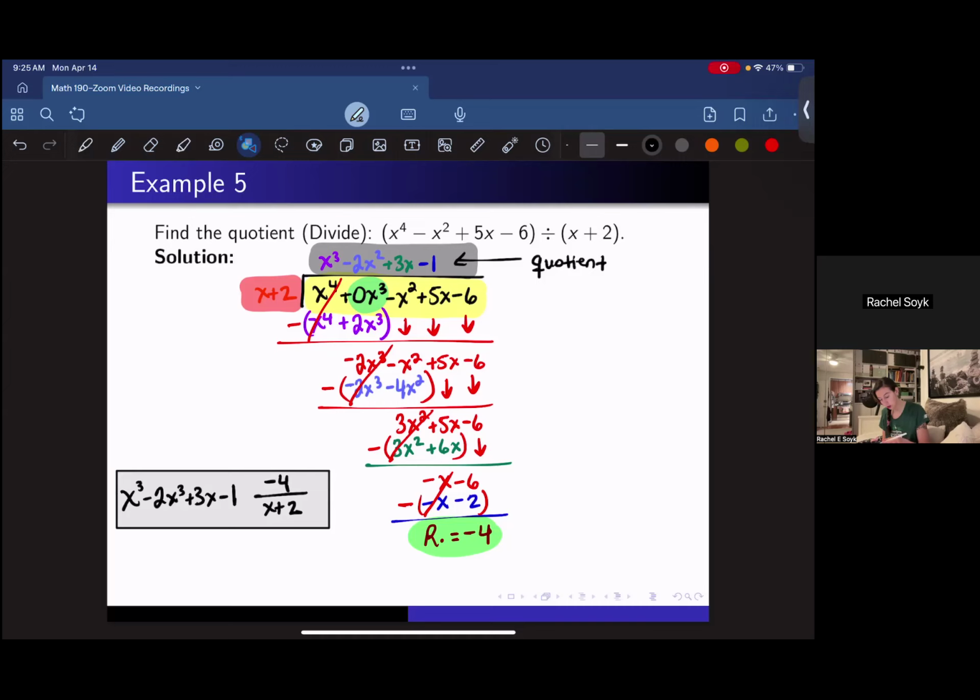Again, I'll color code this. This is our remainder, this is our divisor, and then we have this guy as our quotient. But on the exam, if they explicitly ask you just to evaluate what your quotient is, all you're doing is solving for this above. Okay.